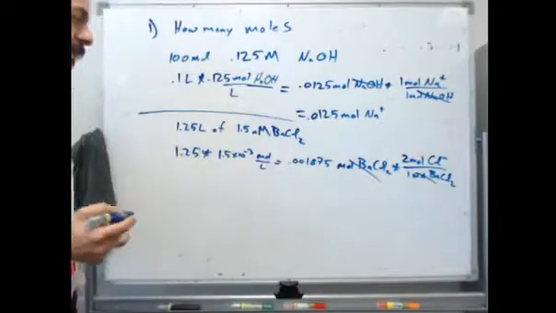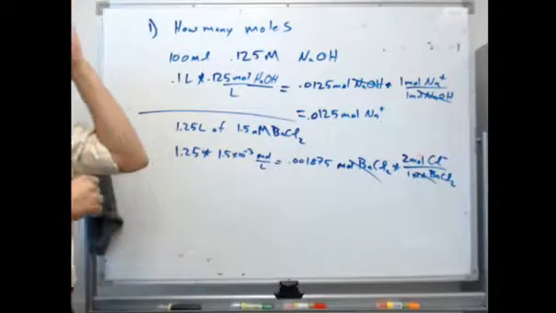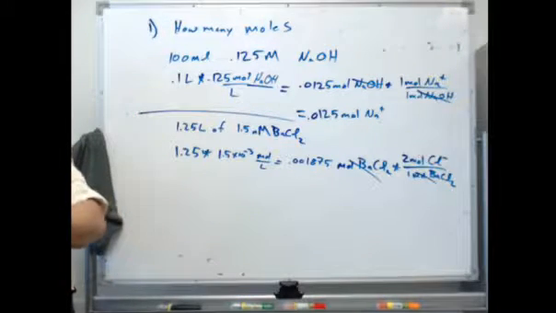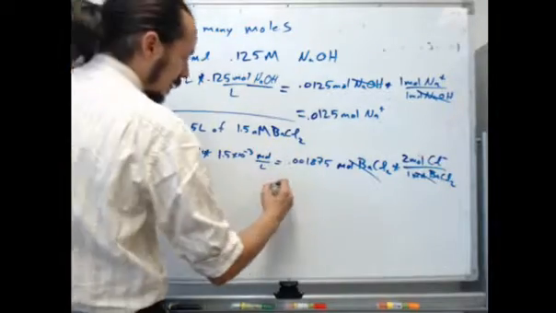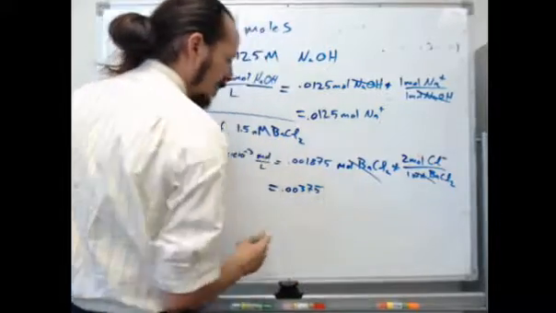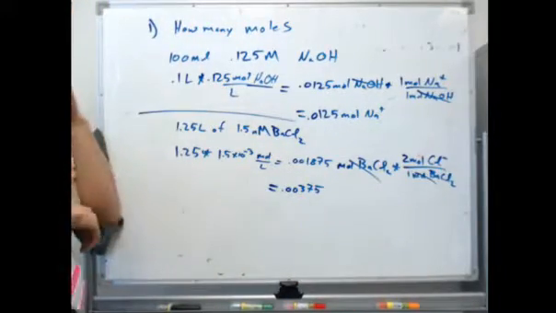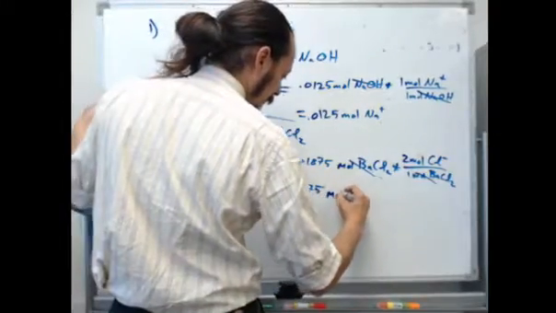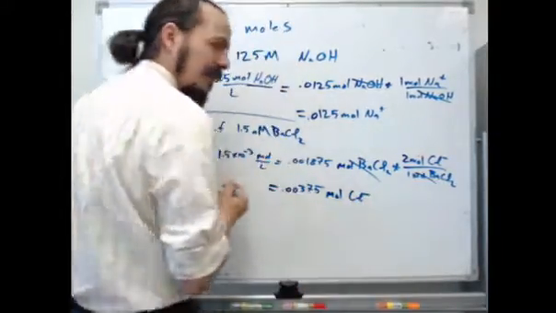So you just double it. You're going to have 0.0037 something. 0.00375? Yes. Cool. What? That doesn't make sense. Why doesn't that make sense?